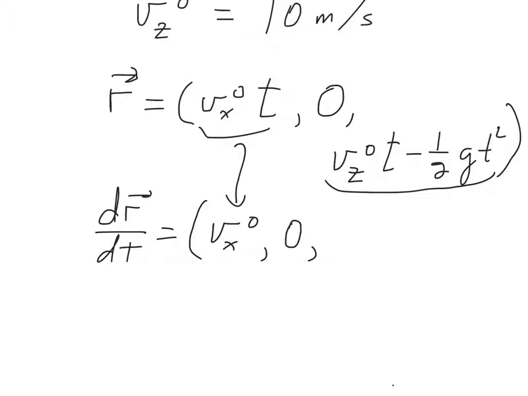Vz0 times t gives just Vz0. And for 1/2 gt squared, the derivative of t squared is 2t, so the 2 cancels the 2 in the denominator, and this is just minus gt. This will be the velocity vector.